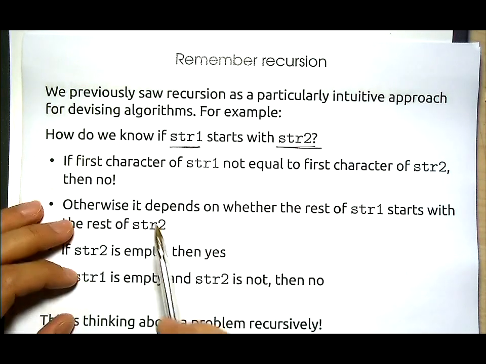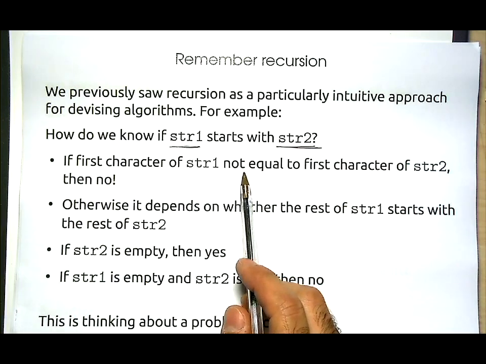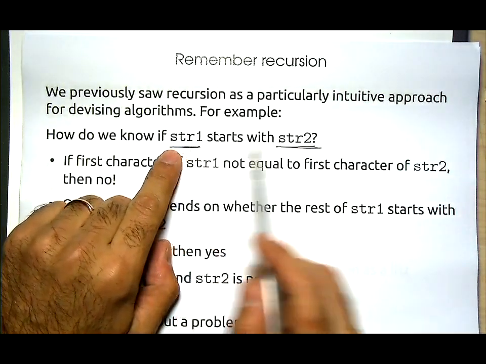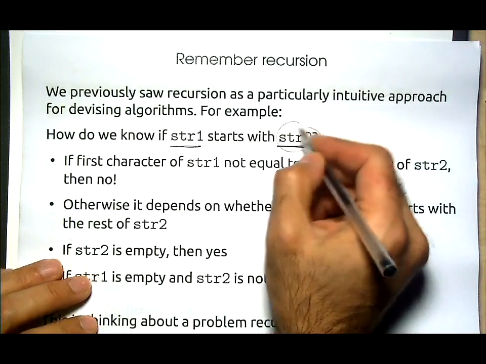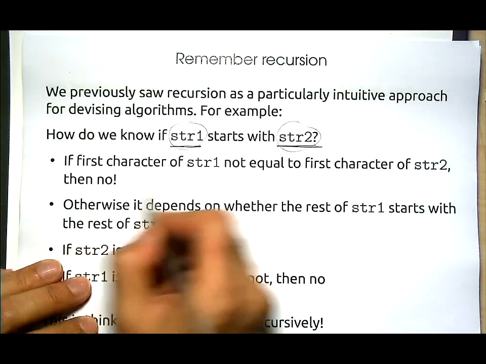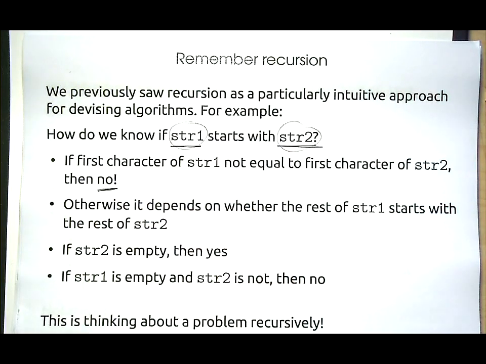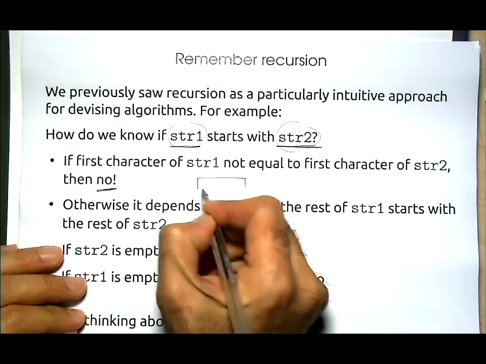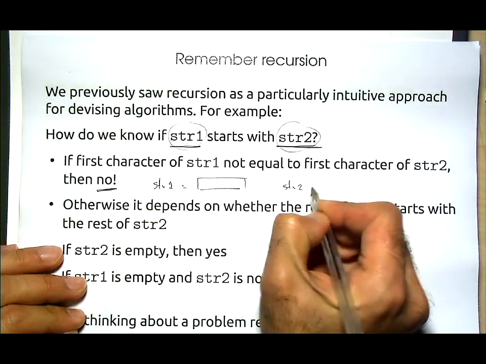Then we can say, well, let's look at the first character of the first string and the first character of the second string. If they're not the same, then certainly this one cannot be the beginning of this one, so we just return no. Otherwise, we say, okay, we have our strings. So this is string 1, and this is string 2.